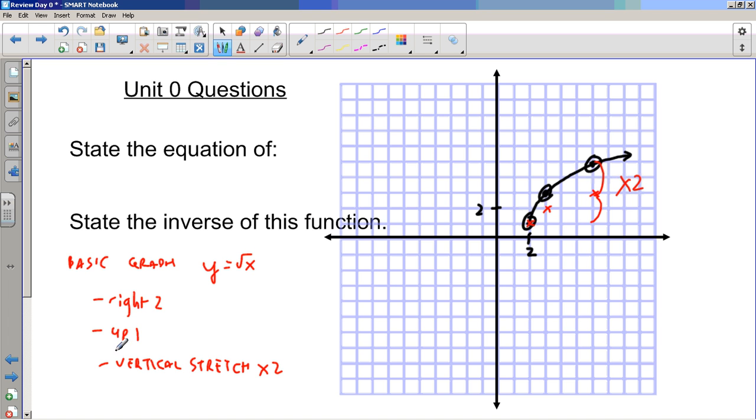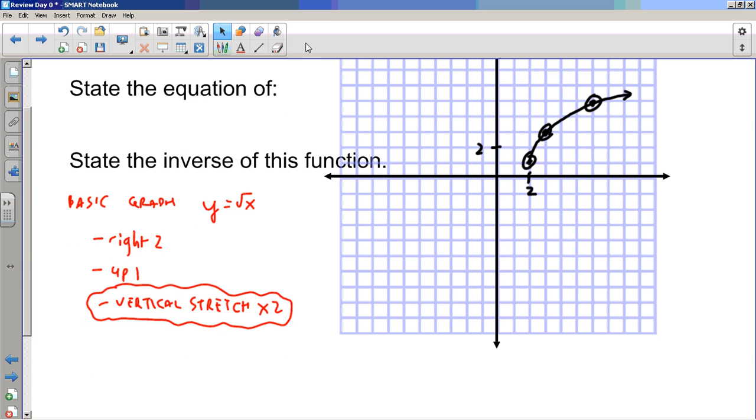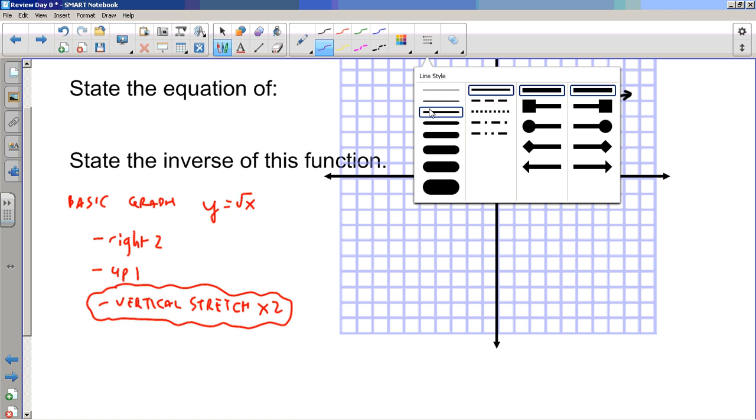And remember, we like to do our stretches and squishes first. So actually, when we were goofing around with this graph earlier, we would have stretched it first, right? All the vertical distances would have been doubled. But we're not interested in recreating this. We need to just come up with the function, and I think we've got it, right? Or we will have it shortly.